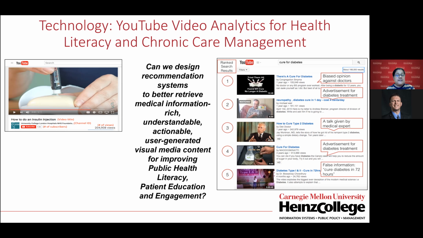Because a lot of studies have shown that a health literate patient is an engaged patient. An engaged patient has better outcomes. This has already been established as evidence in the literature. But how do we use this very popular platform, medium, to generate recommendations for the conditions and the questions that we end up posing? Because we know that we don't get all the answers in the health system.